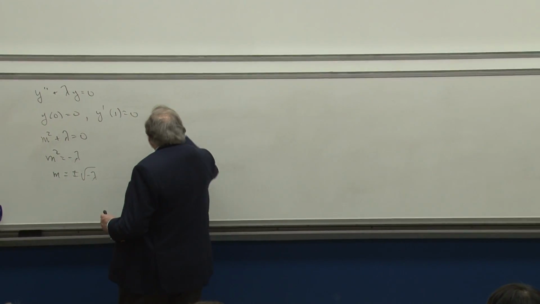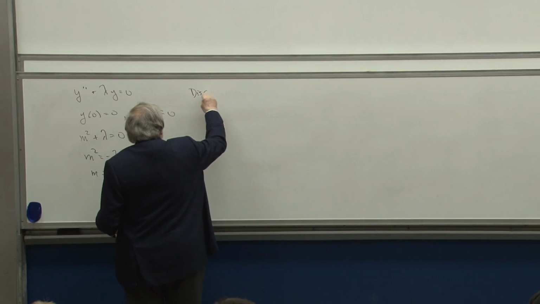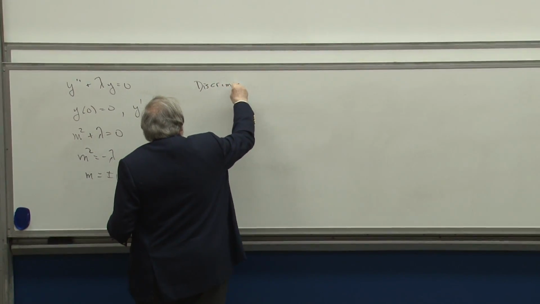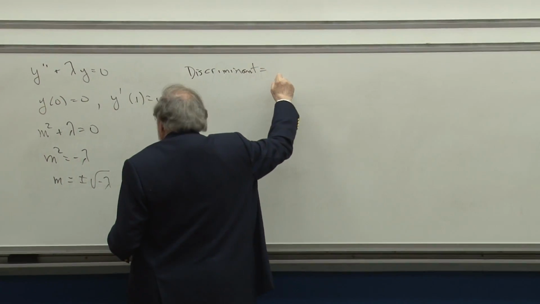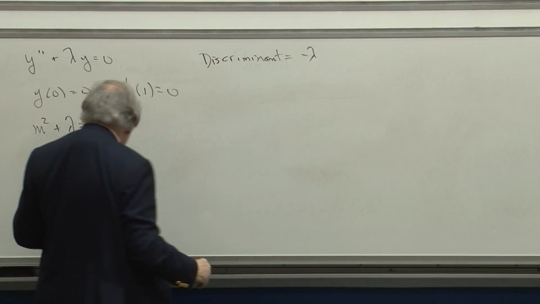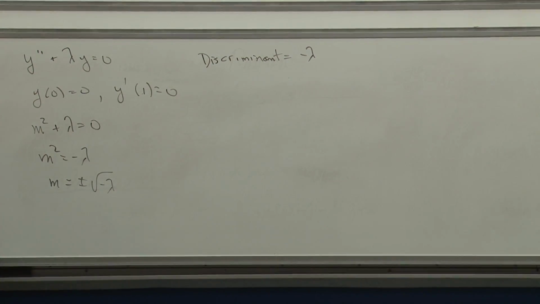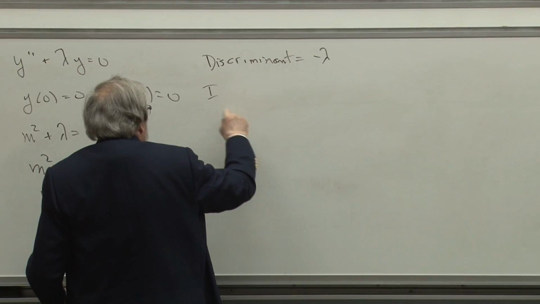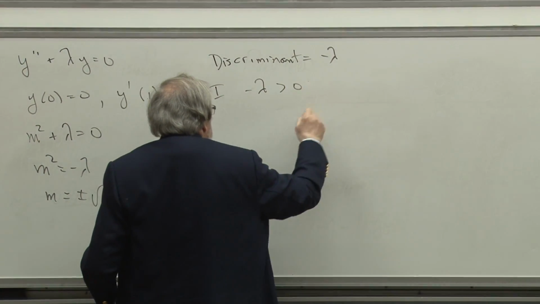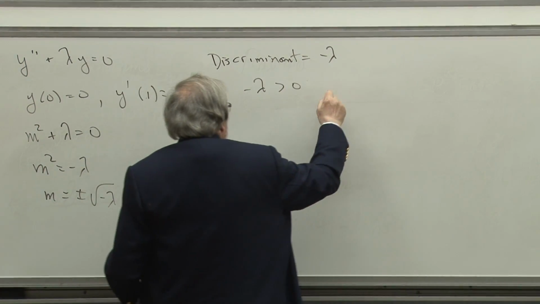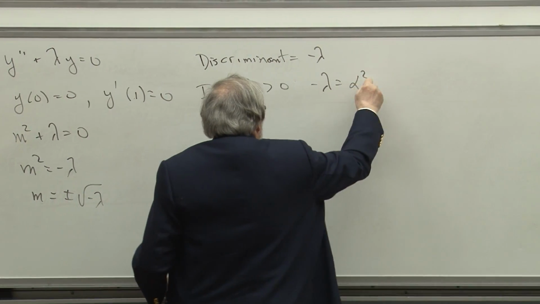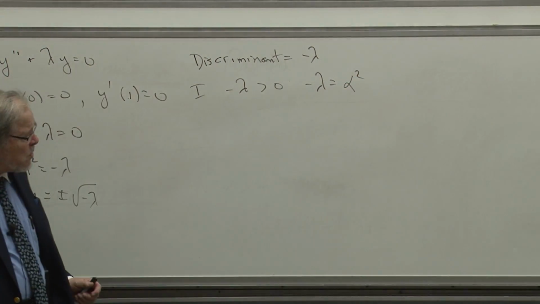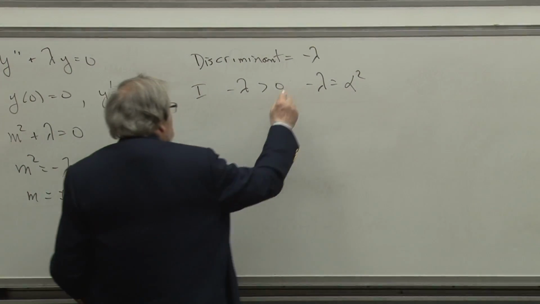So first of all, the discriminant here is negative lambda, the quantity under the radical. And so my first case is that quantity positive. To make it look positive, I like to write it as alpha squared, as something squared.